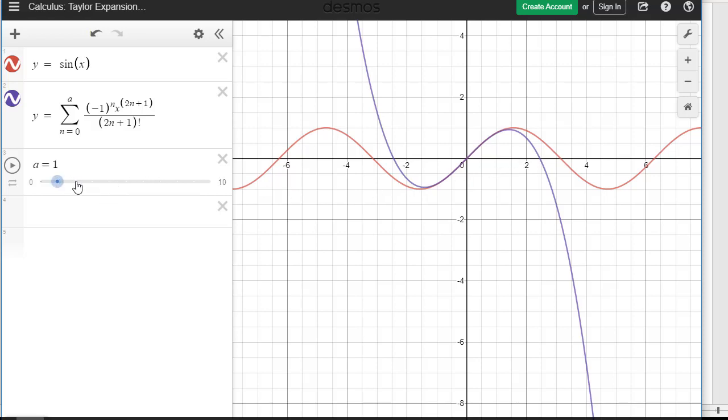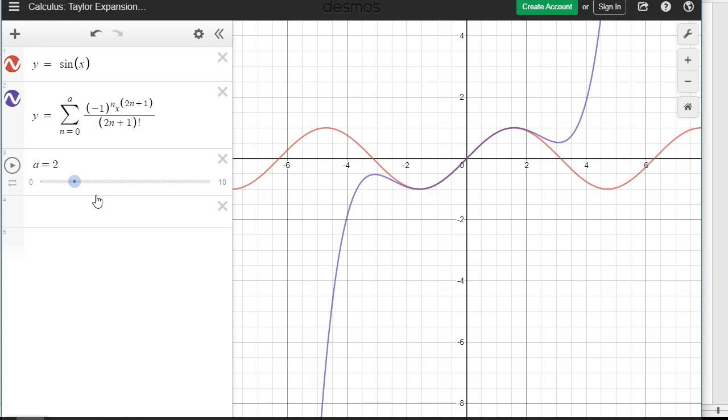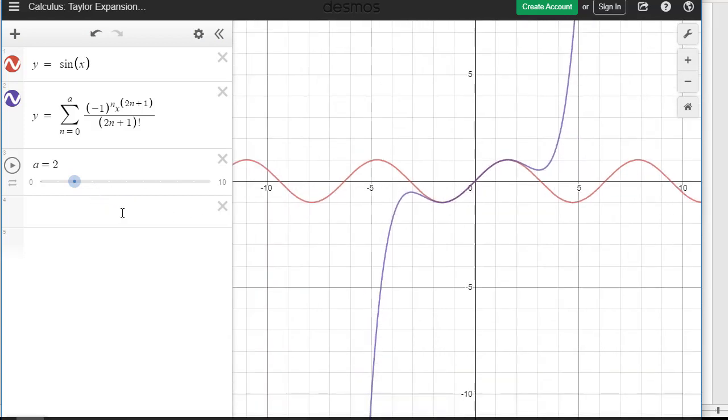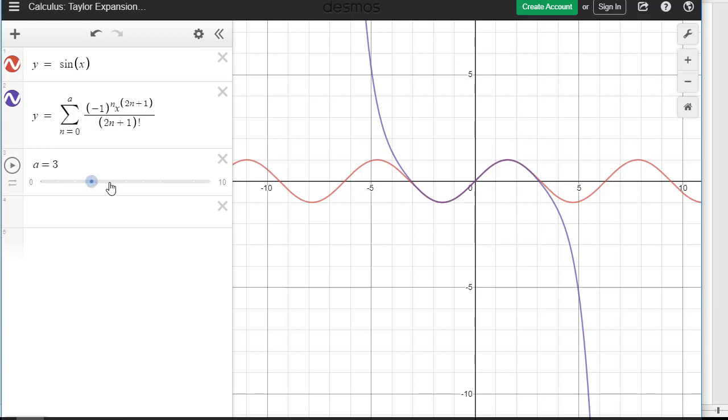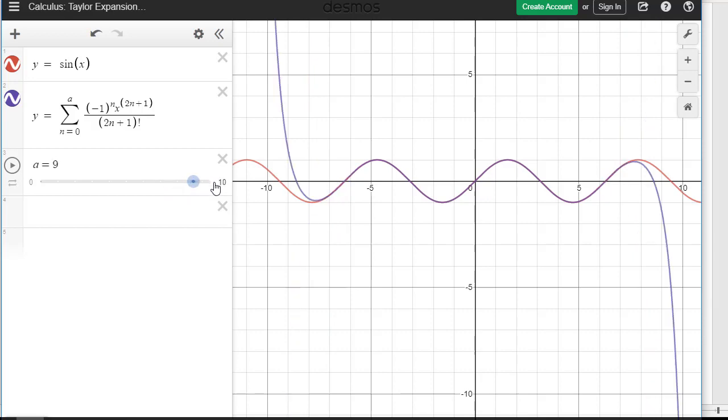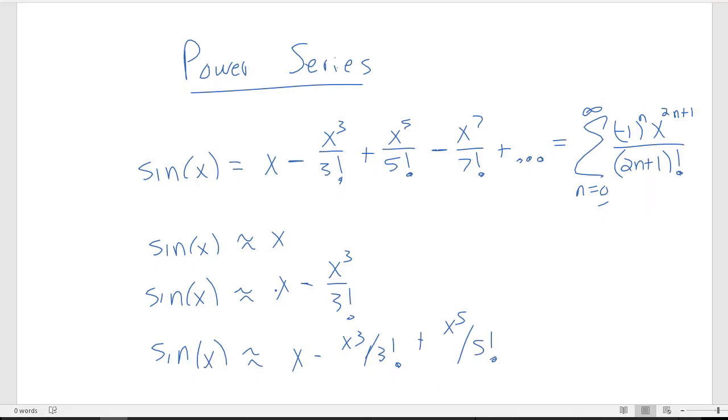Now if I look at the next term, here's my 5th degree polynomial, and notice how that's spreading even further. Here's the 7th degree, the 9th degree, the 11th, the 13th, and we can see that convergence spreading and spreading. So the more terms I add, the better the approximation to the sine function. When I look at the infinite series, it's exactly equal to the sine function.